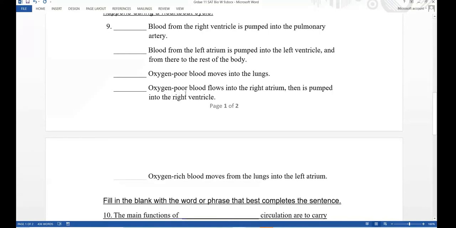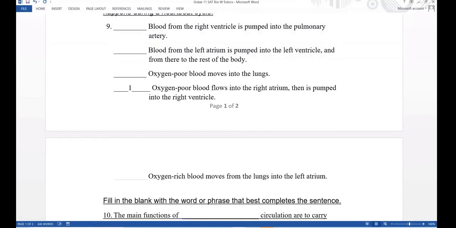The oxygen blood into the lungs. Please repeat. The last one, oxygen-rich blood moves from the lungs into the left atrium. The fourth one, excellent. Oxygen-poor blood flows into the right atrium, then is pumped into the left ventricle. So this is step number 1.